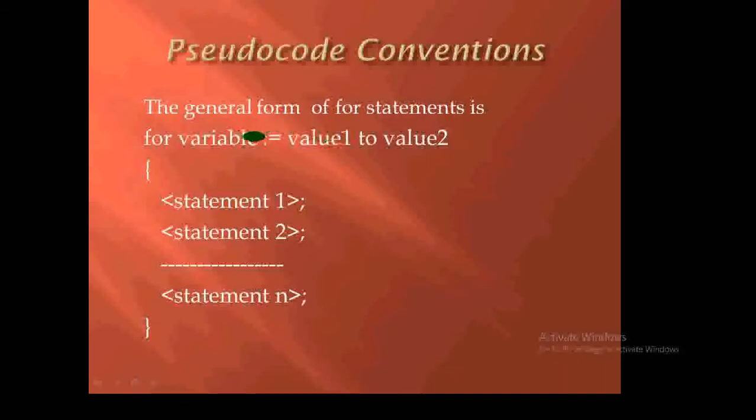Let us assume I want to print I values from 1 to 10. Then I will write for I equal to 1 to 10. Every time the loop repeats, I will get different values until it reaches value 2. These are the statements which get executed until value 2 is reached.